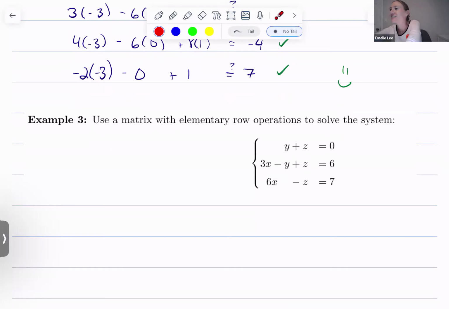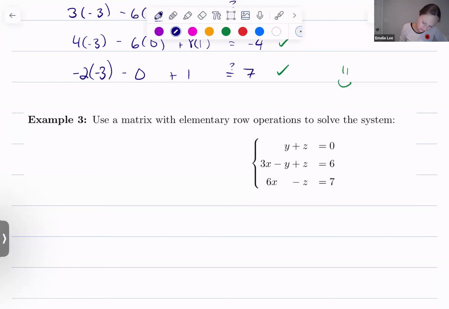Let's see here. Need my cheat sheets, because this one, it's kind of a choose your own adventure. For this one, what's the first problem? If I rewrite this as a matrix, it would look like this, right?